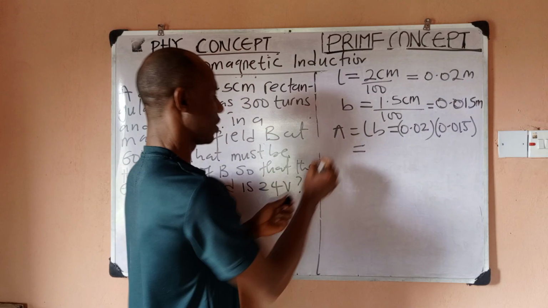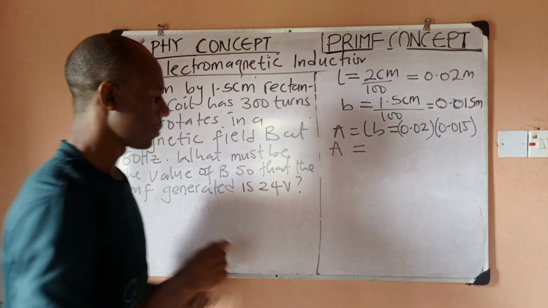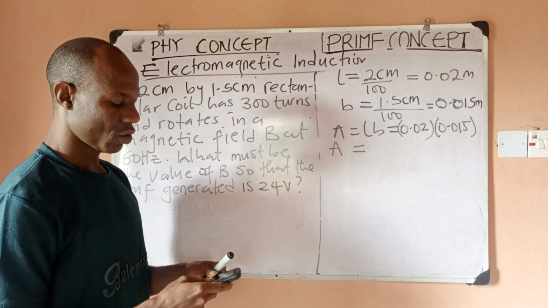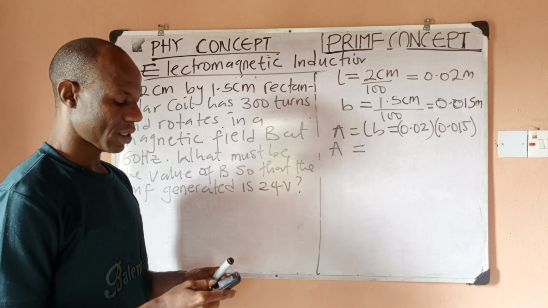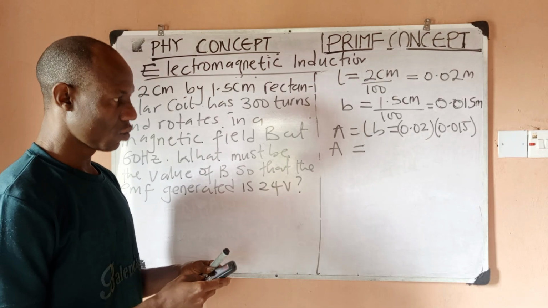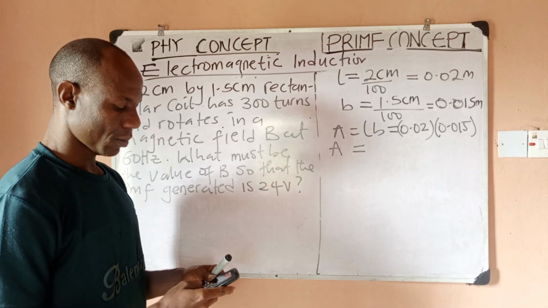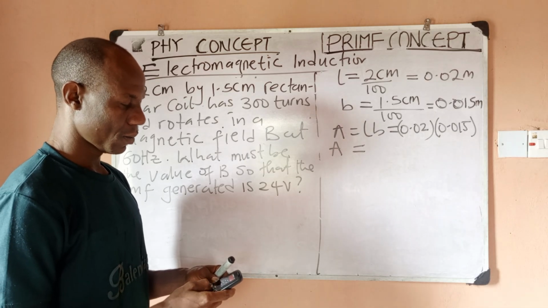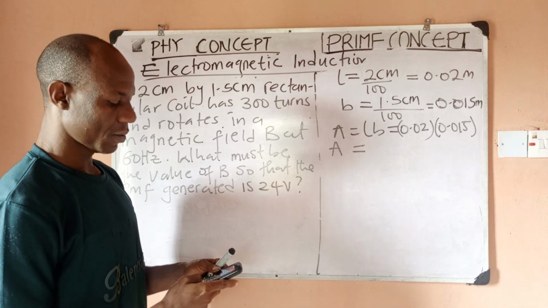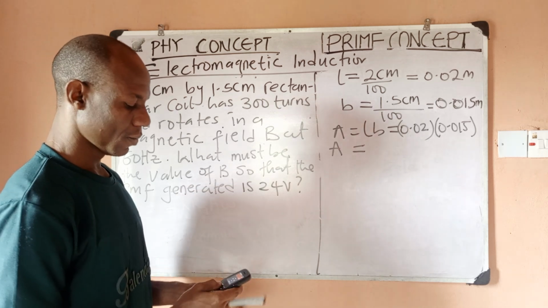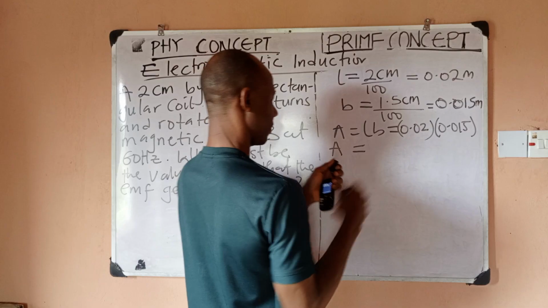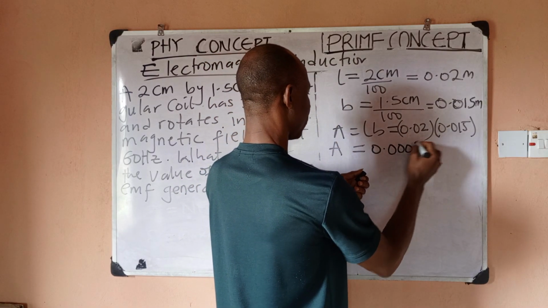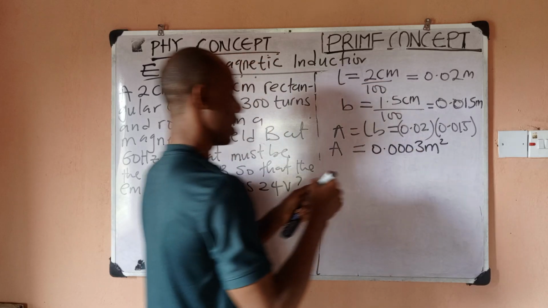So quickly I will punch that in to find my area. So my area is 0.0003 meter squared. So that is my area.